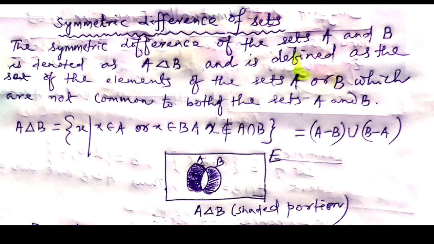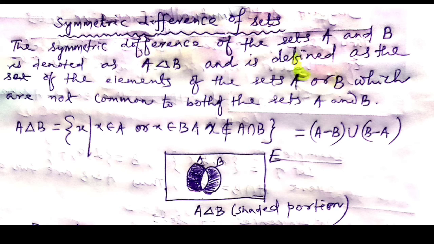Symmetric difference of sets. The symmetric difference of the sets A and B is denoted as A delta B and is defined as the set of the elements of the sets A or B which are not common to both of the sets.